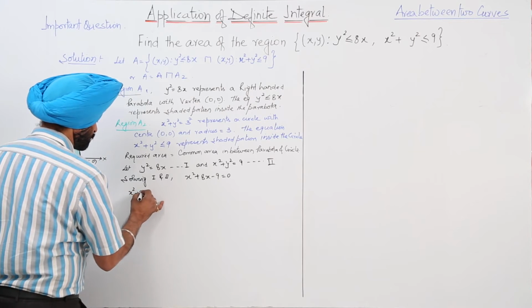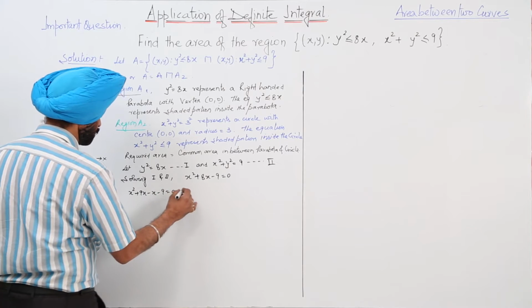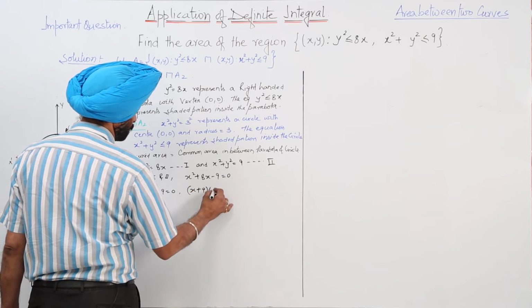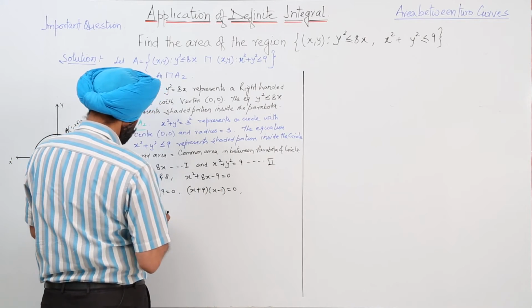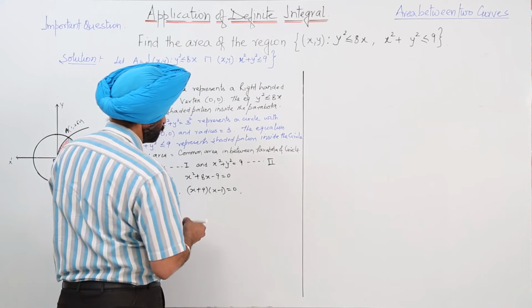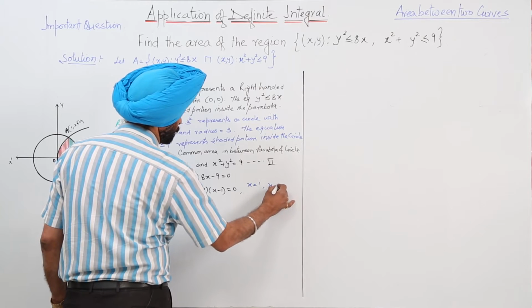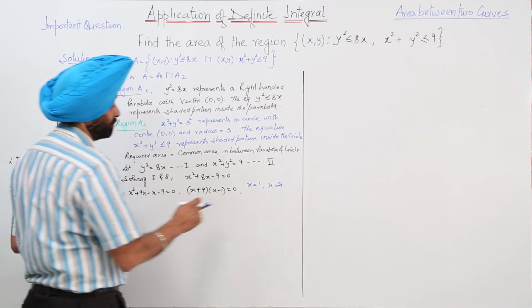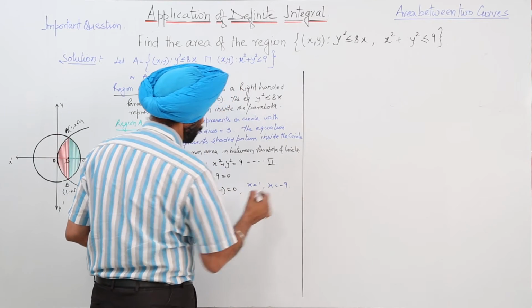X square plus 9x minus x minus 9 is equal to 0. (x plus 9)(x minus 1) is equal to 0. So we are having x is equal to 1 and x is equal to negative 9.